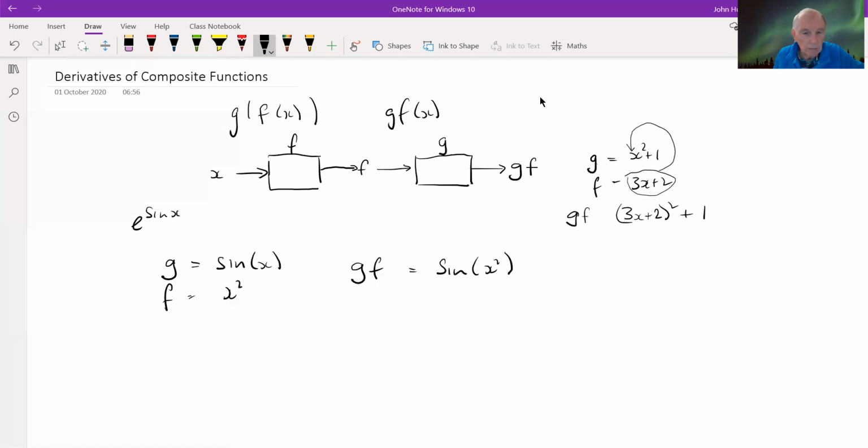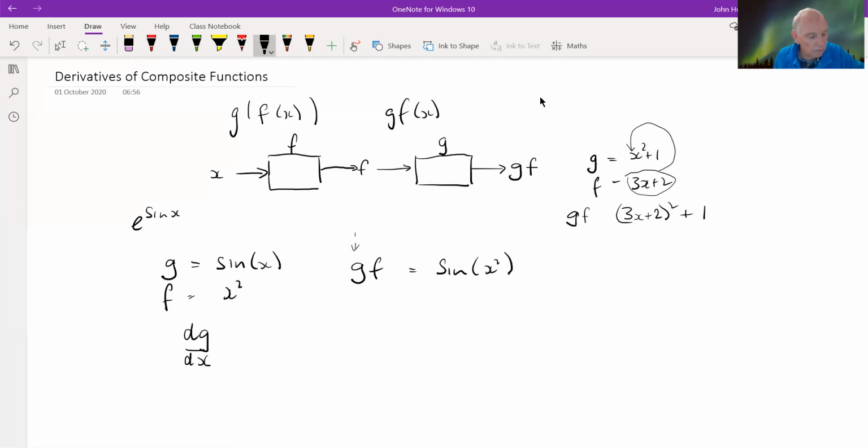Okay, so how do we actually differentiate this? What we're trying to find here is how does g vary with x? We're trying to find dg/dx, the rate of change of g with respect to x.